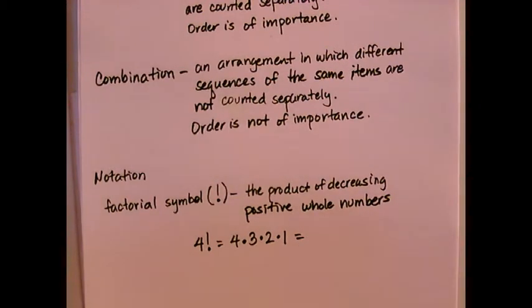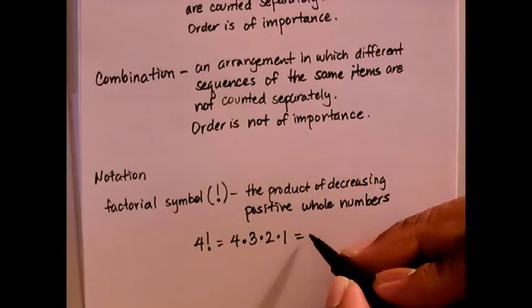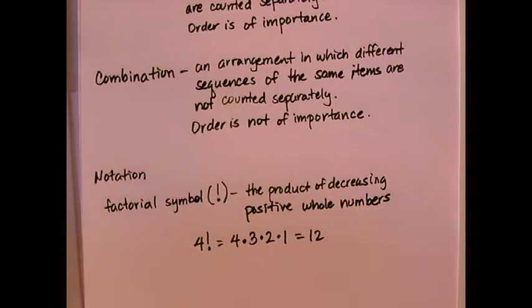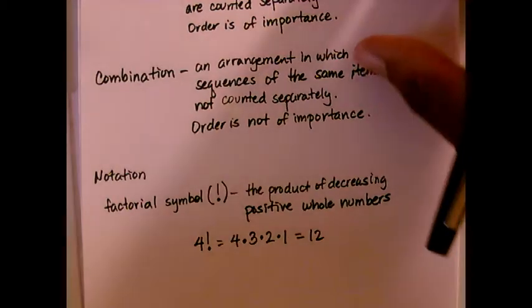So if I multiply 4 times 3, that'd be 12, times 2, which will be 24, times 1, which will give me 24. So 4 factorial will be 24. Okay. Because you'll be seeing that in many of your counting rules that are related to permutations and combinations.